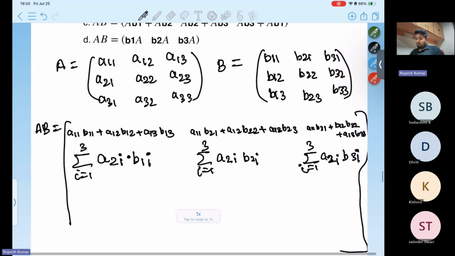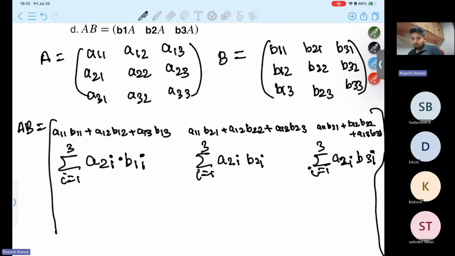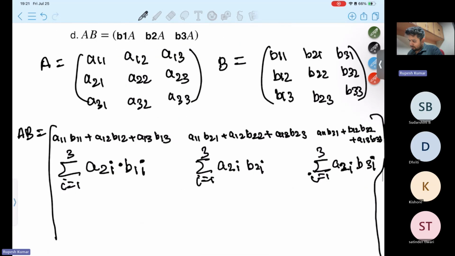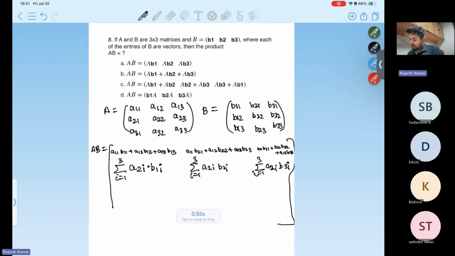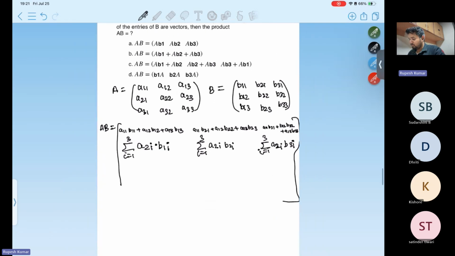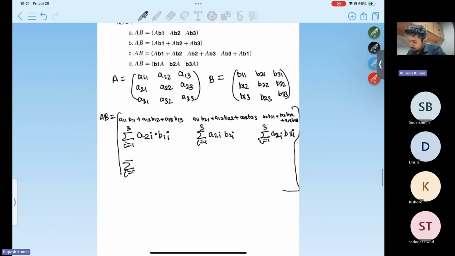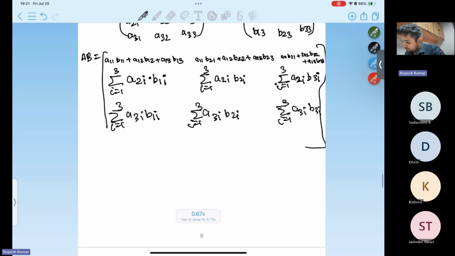What it's saying is i goes from 1 to 3: put i equals 1, then i equals 2, then i equals 3. You will essentially get the expansion of what this term should look like. Similarly, for the third row, summation i equals 1 to 3 of A3i B1i, summation of A3i B2i, summation of A3i B3i, right? So this is the final sum, right?